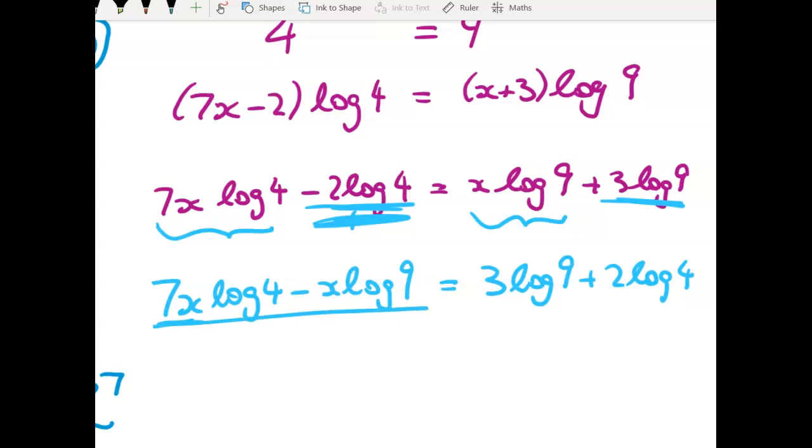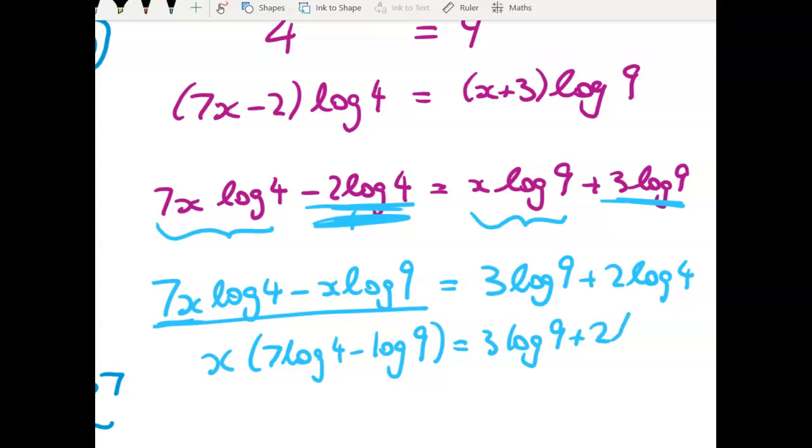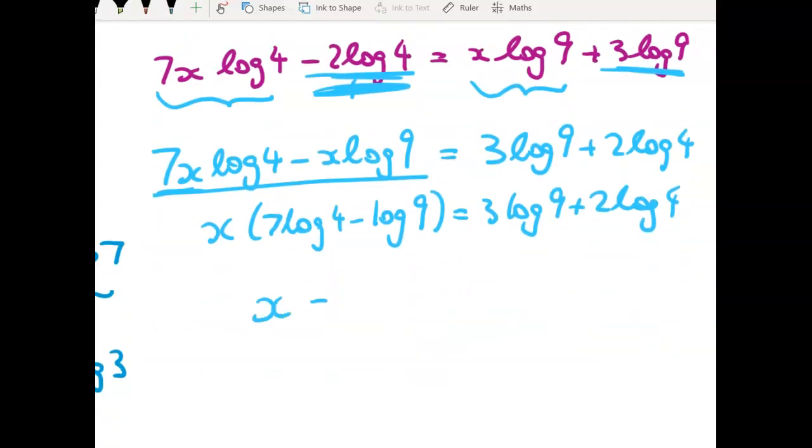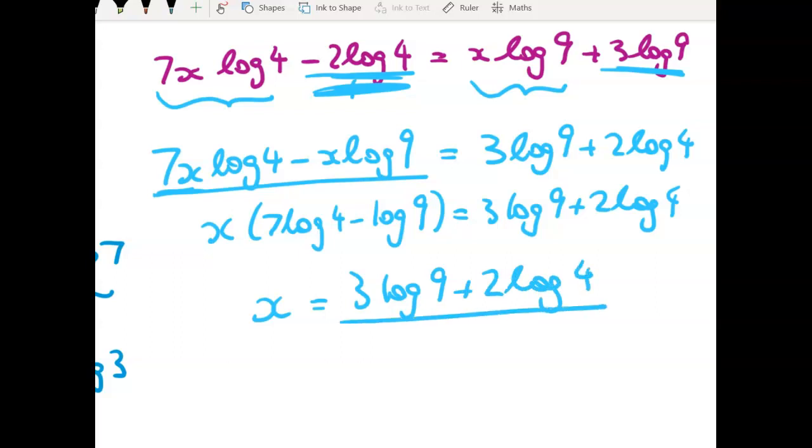Factorize out the x in here, and you'll get x into 7 log 4 minus log 9 is equal to 3 log 9 plus 2 log 4. So our final answer, our exact value, is that x is equal to 3 log 9 plus 2 log 4 divided by 7 log 4 minus log 9.